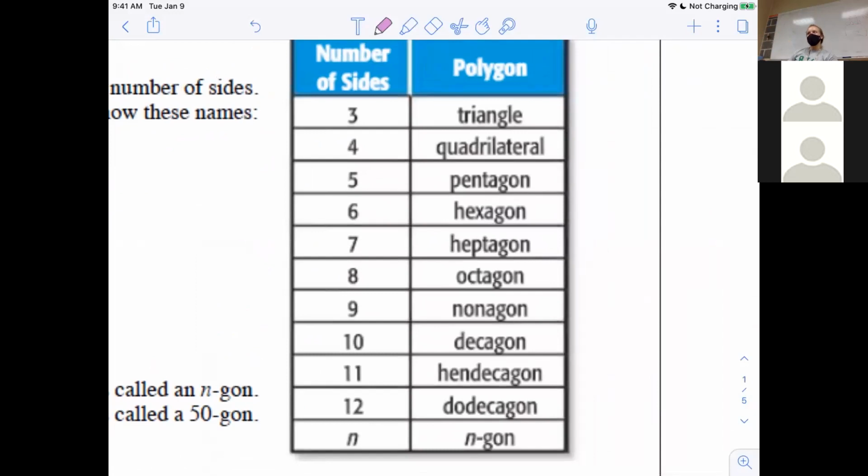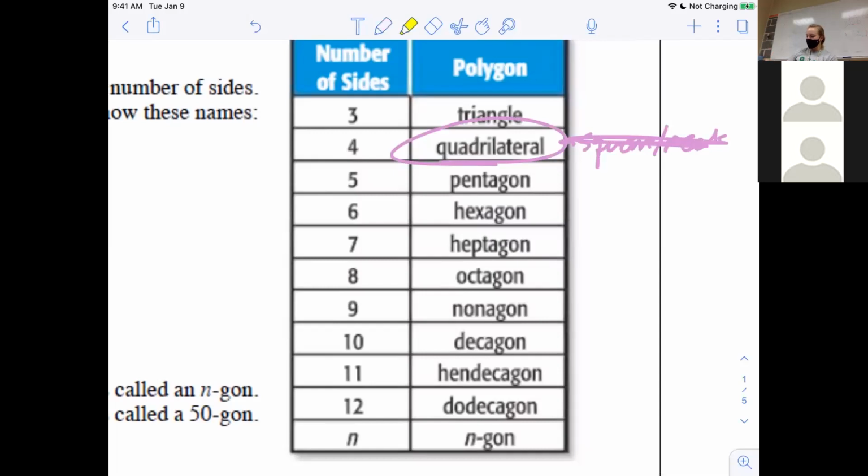I'm just going to run through them briefly and talk about ones that are important or ones that we tend to mess up. So 3 sides is triangle, we know that. 4 is quadrilateral. Sometimes we want to call it a square or a rectangle, but we're ignoring a whole bunch of other quadrilaterals: rhombuses, parallelograms, kites, trapezoids. So we don't want to just call it that. We want to use the general quadrilateral. 5 is pentagon, 6 is hexagon. 7 is one we often mess up on.